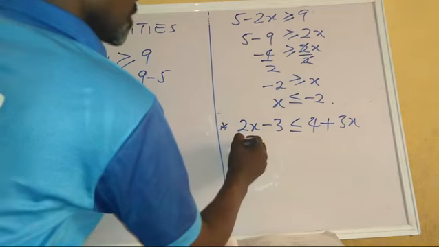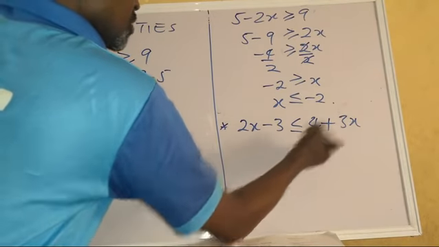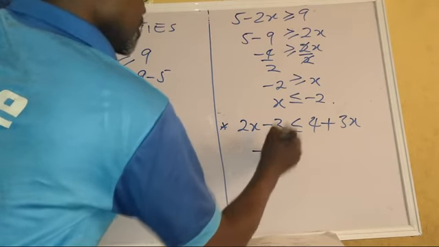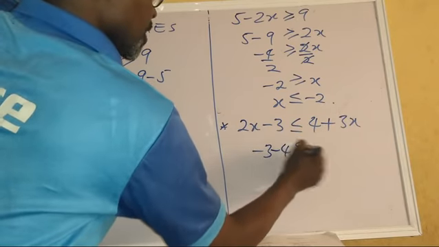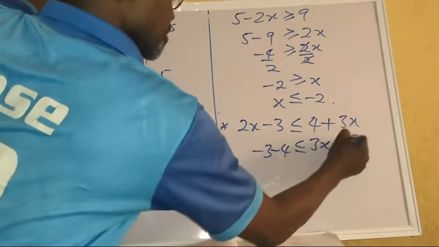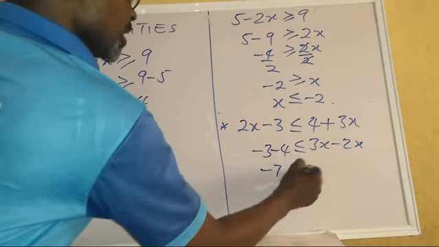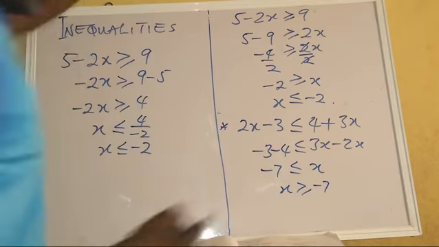So from there we can collect the like terms, depending on the way you want it. So I will bring the 4 to this side because 3x is greater than 2x. Minus 3 minus 4 less than or equal to 3x minus 2x. It means negative 7 less than or equal to x. Then x is greater than or equal to negative 7.